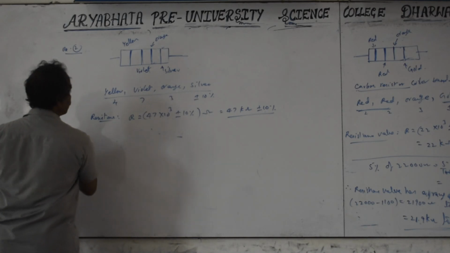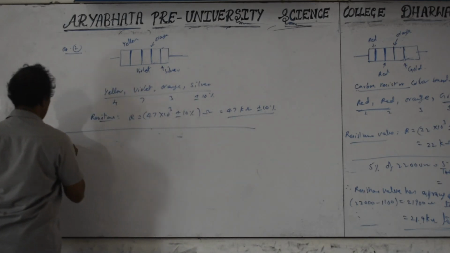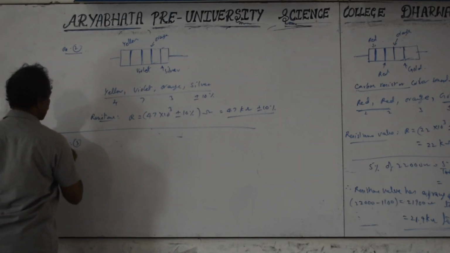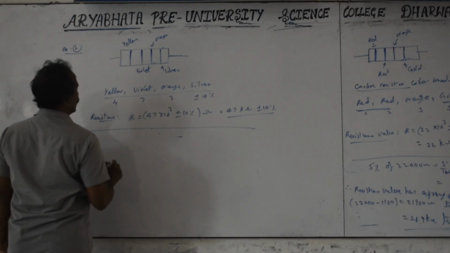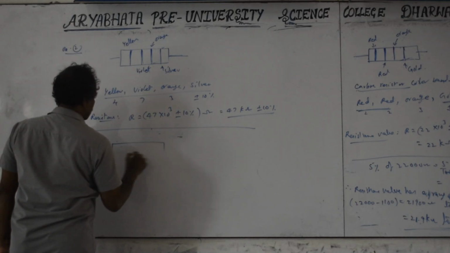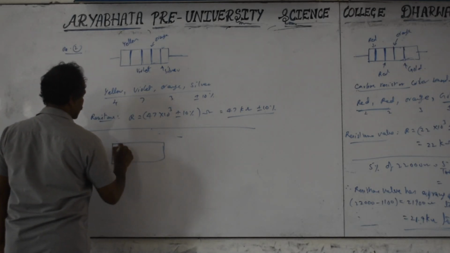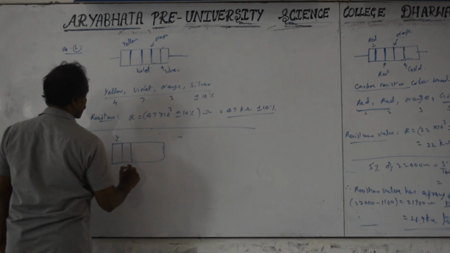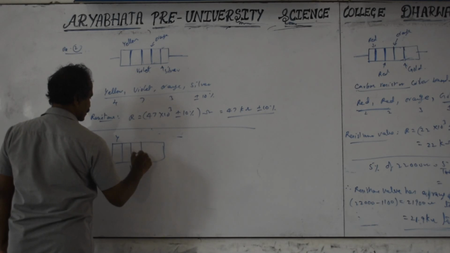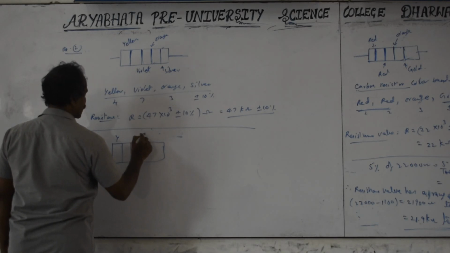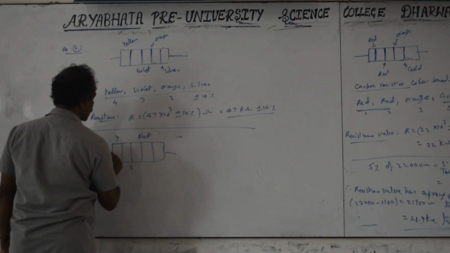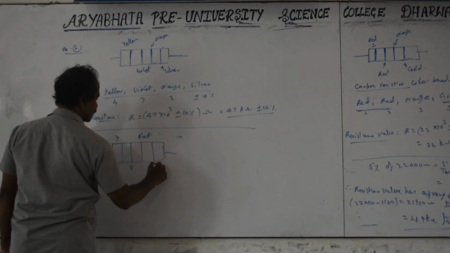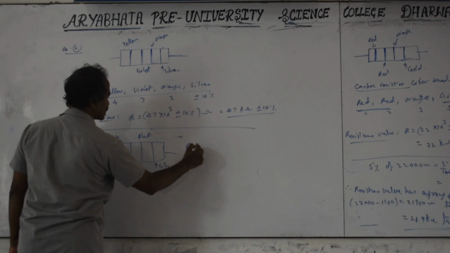Next, example 3. A similar resistor, but different colors. This is yellow and violet, but here it is black and silver. Then what is the value of the resistance?